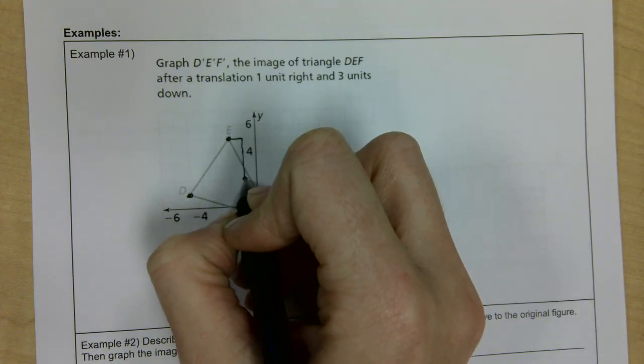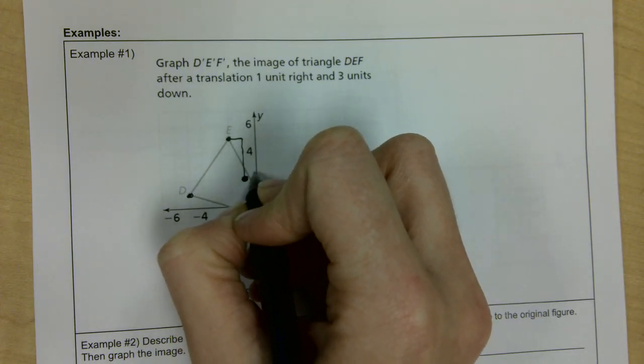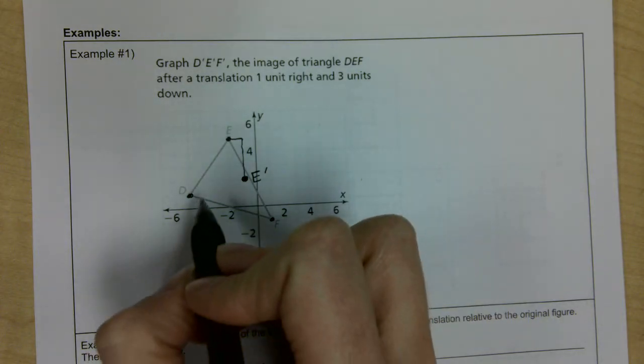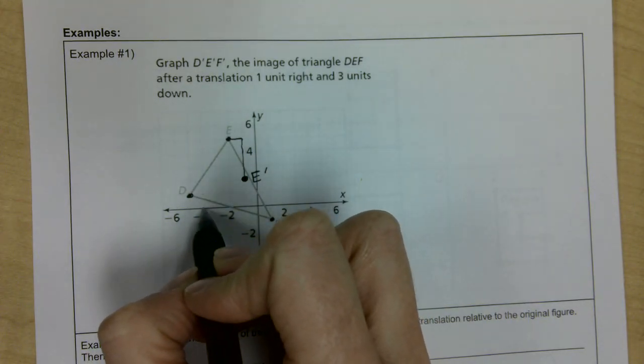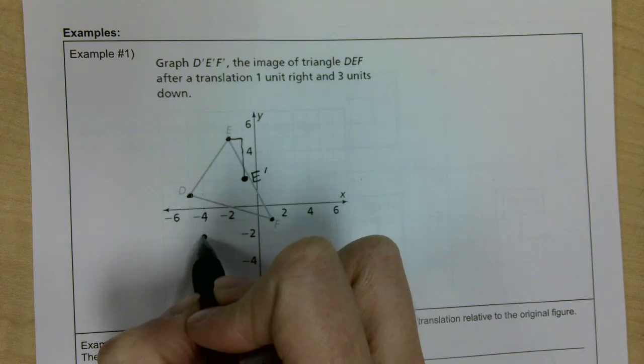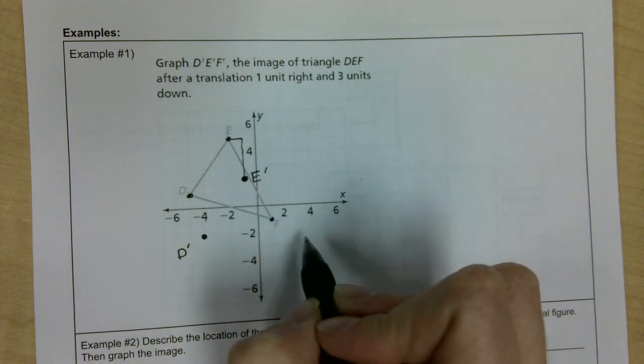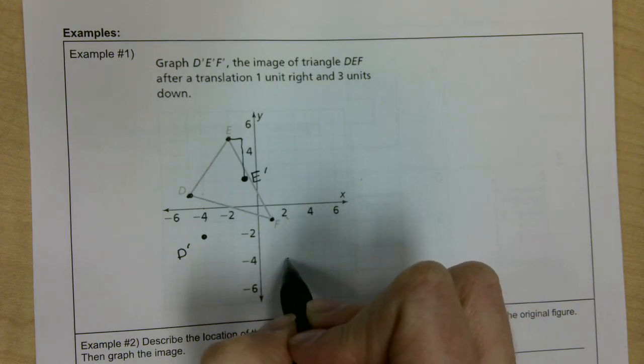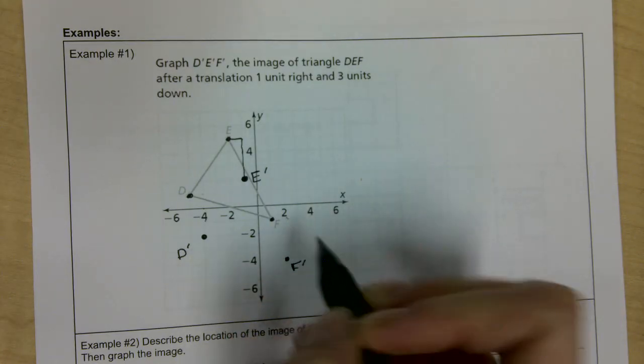So again, that counting boxes is still going to be a thing. So that's going to be my E prime. And then I do the same thing with D, right 1, down 1, 2, 3. That's my new D, right 1, down 1, 2, 3. And that's my new F.